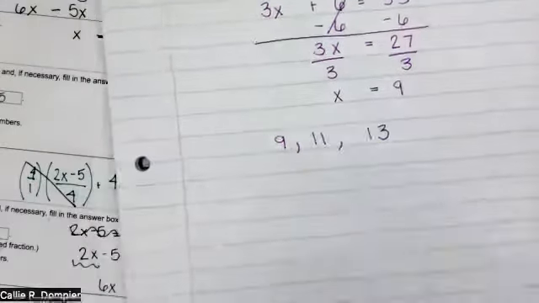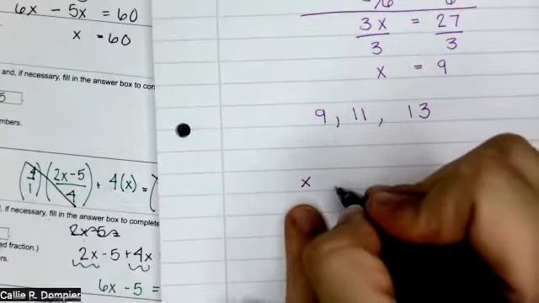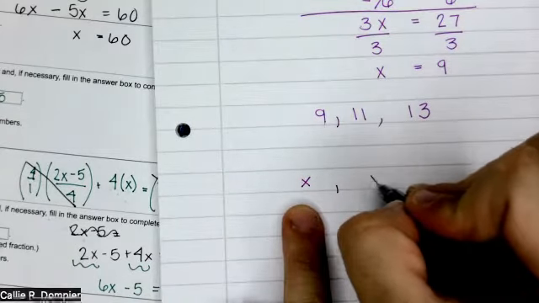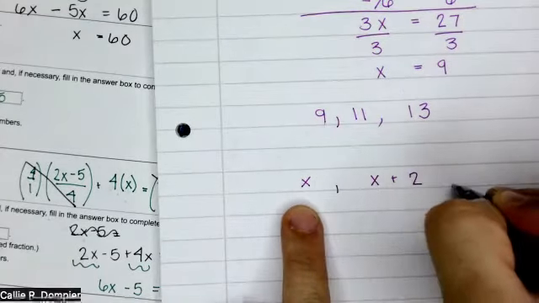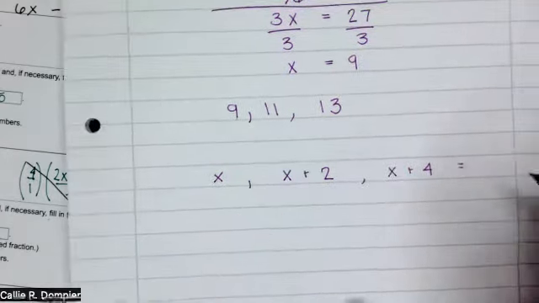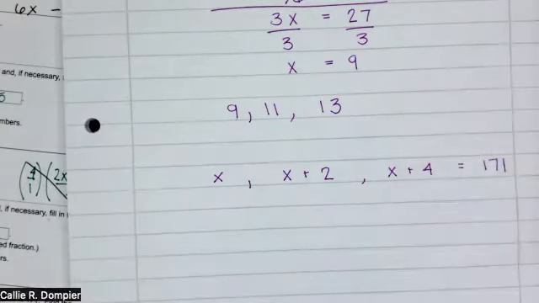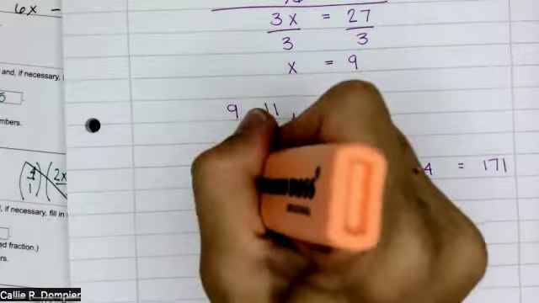So in this example, it was actually those 3, whatever x is, the next one, and the one after that are going to be equal to 171 when I sum them.